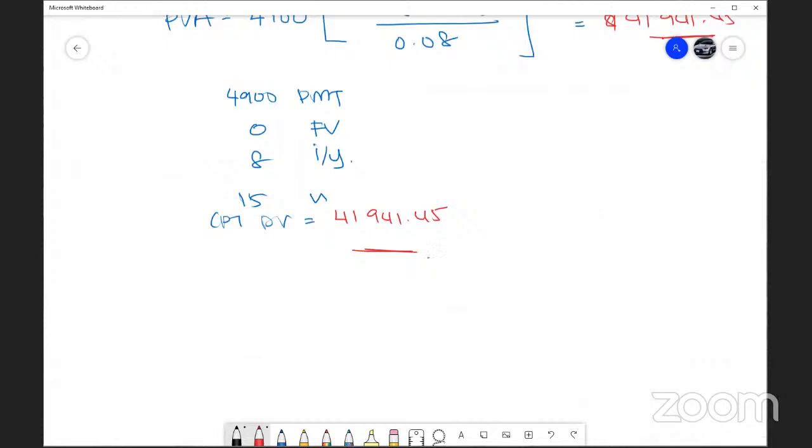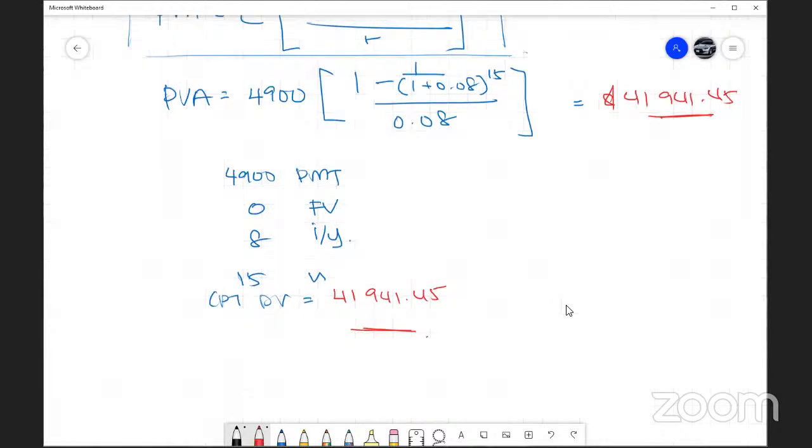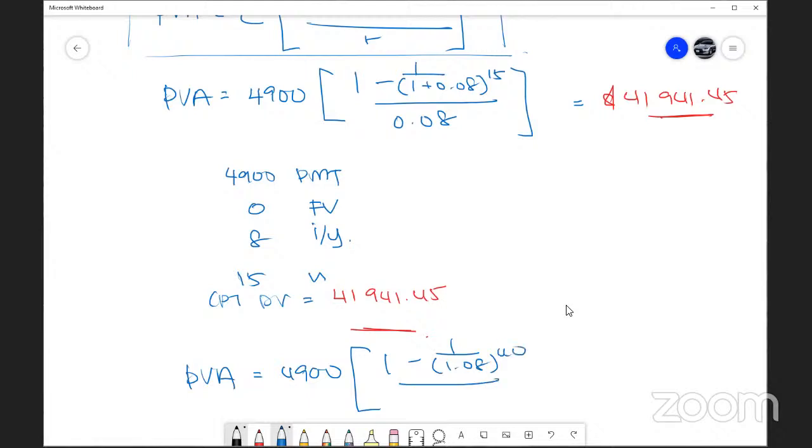The question then asks what happens if it changes to 40 years. You basically just change the time. The PVA is still the same: 4,900 times 1 minus 1.08 to the power of 40, divided by 0.08.